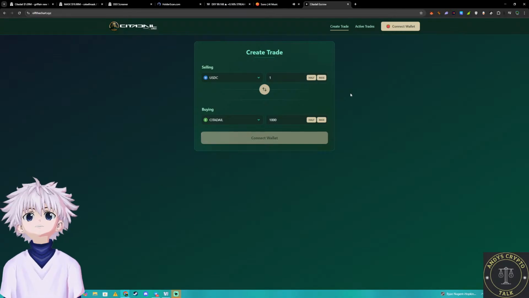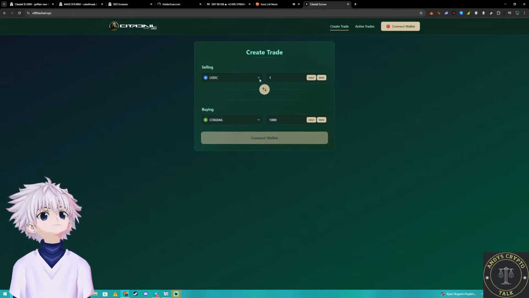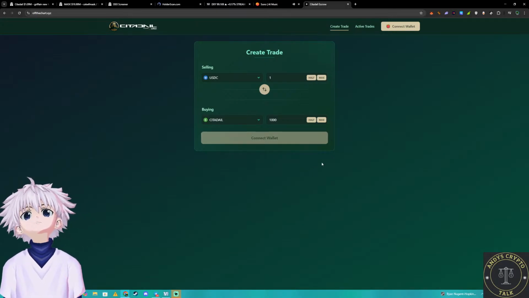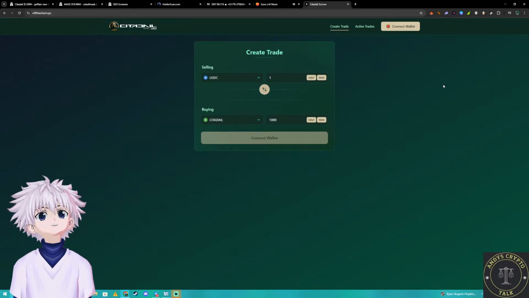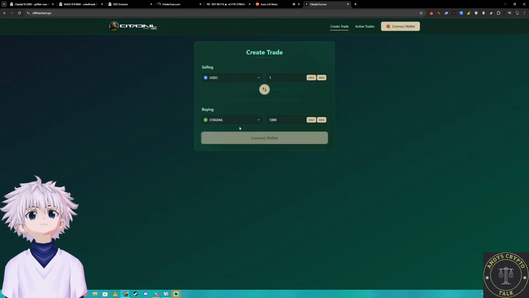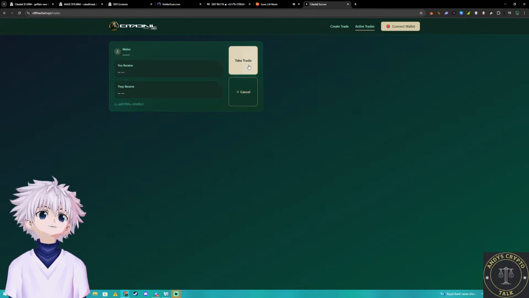But essentially, privacy would be the number one thing, so that you can make trades and be taking the other side of those trades yourself. Now, this product is still being worked on, so if you do make a trade, for example, one USDC for a bunch of another token, people will see these active trades, and they could potentially take that trade.